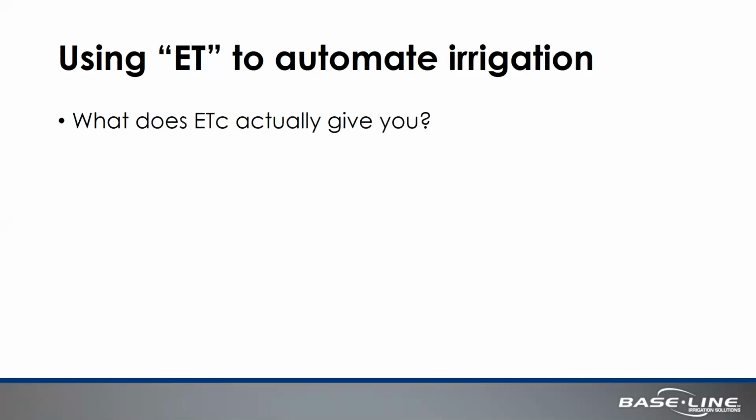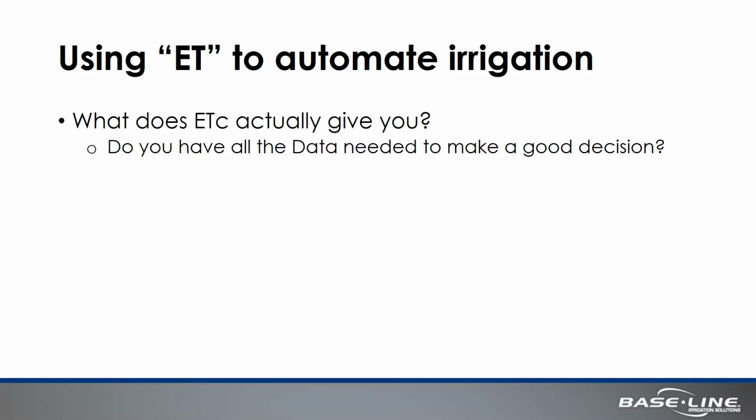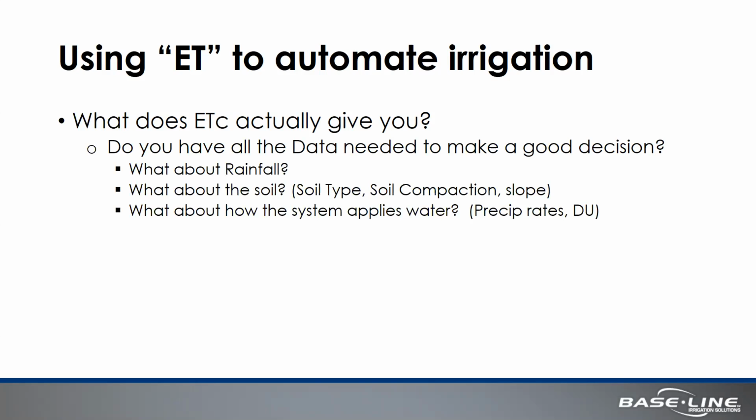So as we're using ET to automate irrigation, what does ETc actually give you? Do you have all the data needed to make a good irrigation decision through this ET formula? Does it take into account rainfall? Does it take into account the soil type, compaction, and slope? What about how the system applies the water, the precipitation rates, and DU?